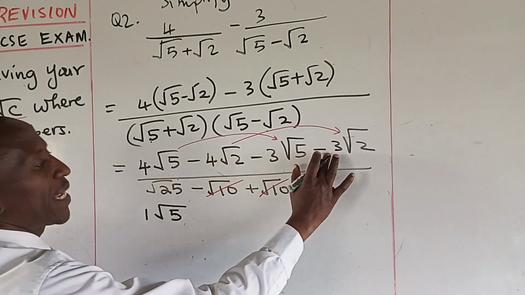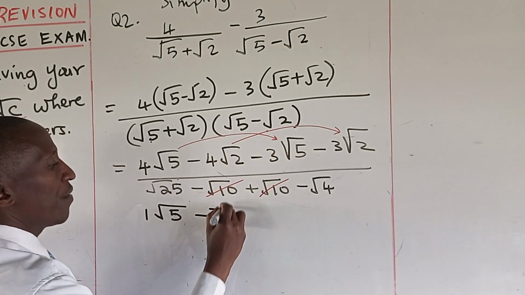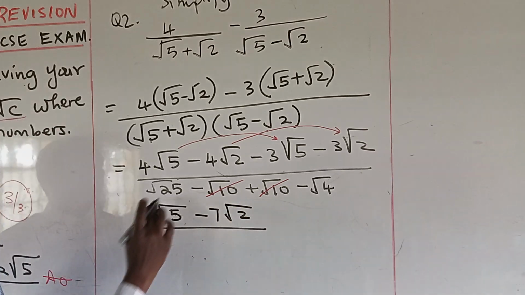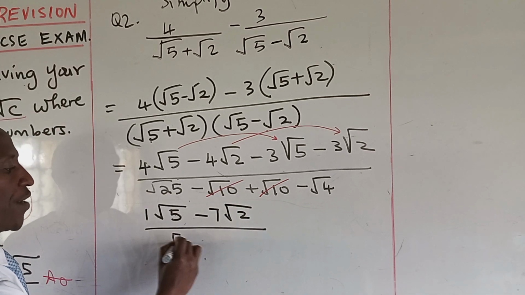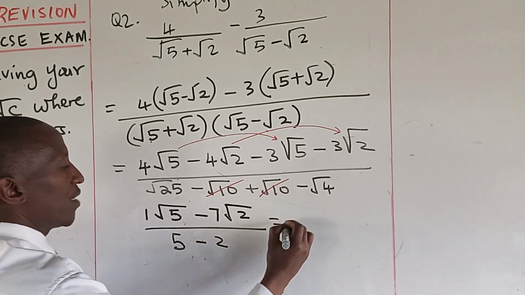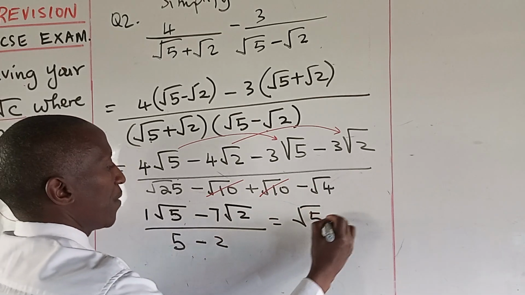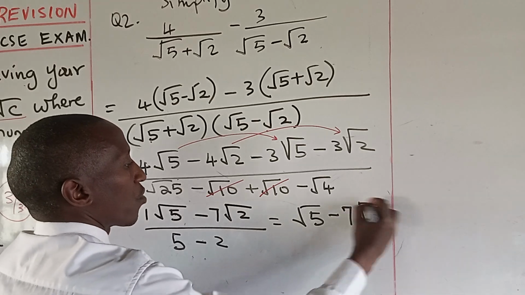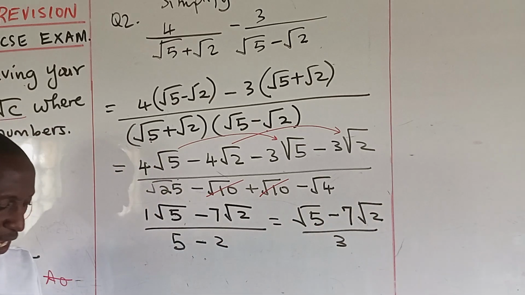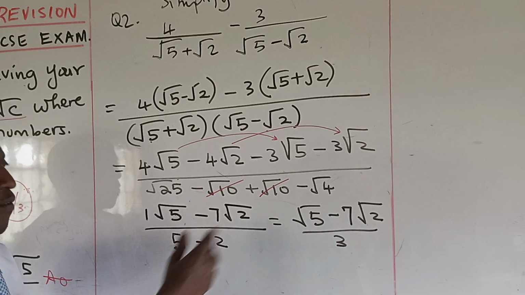Negative 4 minus 3 is negative 7 root 2 all over. Root 25 is a 5 minus root 4 is a 2, and that gives us root 5 minus 7 root 2 all over 3. And that serves as our final answer for this question.